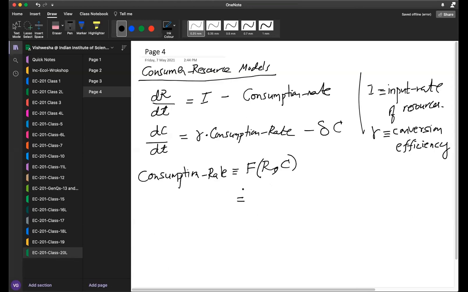If I were to write f as a function of C, do you think this will be an increasing or a decreasing function? What's the most reasonable assumption? Right, it's an increasing function. On the other hand, if I were to write f as a function of R, what will that be? Decreasing. As resources increase, the consumption will reduce.